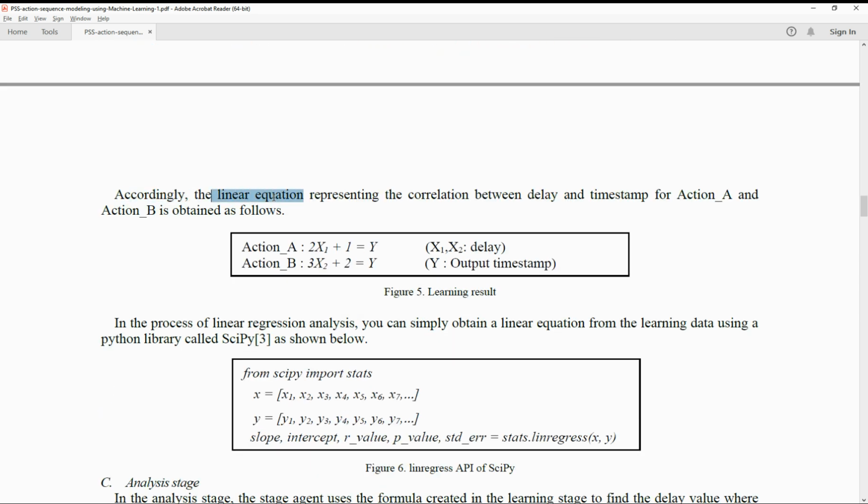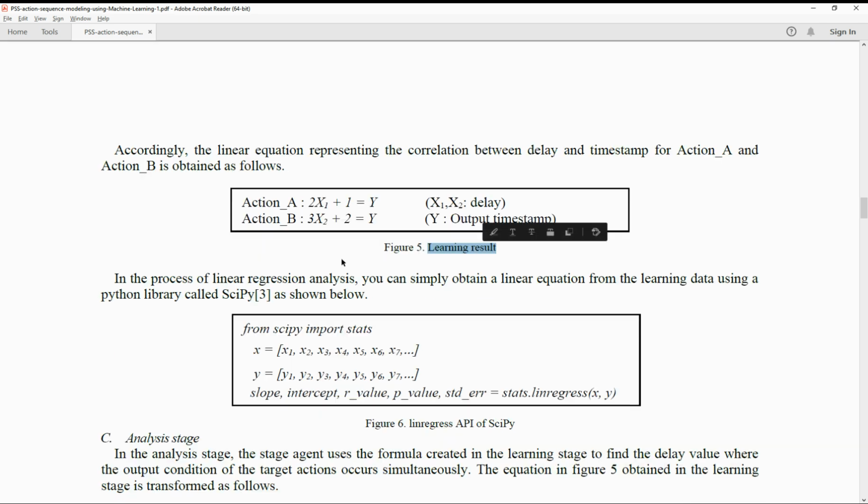Accordingly, the linear equation representing the correlation between delay and time for action A and action B is obtained as follows. Action A: 2x1 plus 1 equals y, where x1 and x2 are delay. Action B: 3x2 plus 2 equals y, where y is the output timestamp. Figure 5 is the learning result.